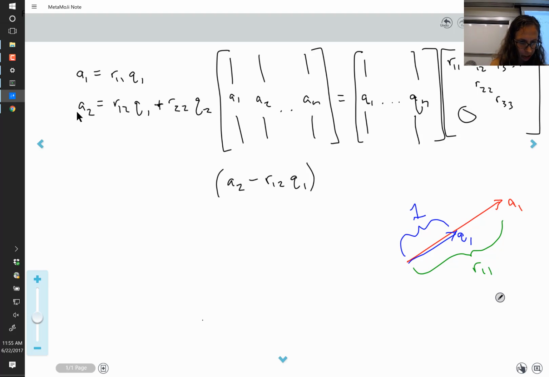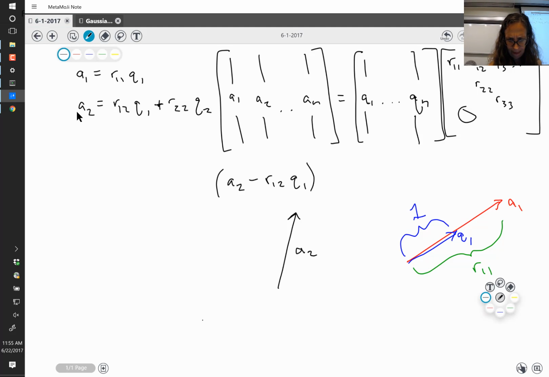Actually, let me draw that picture. If this is A2, and maybe this is Q1. Remember, Q1's only got length 1.